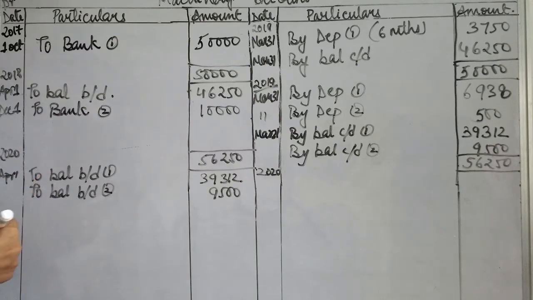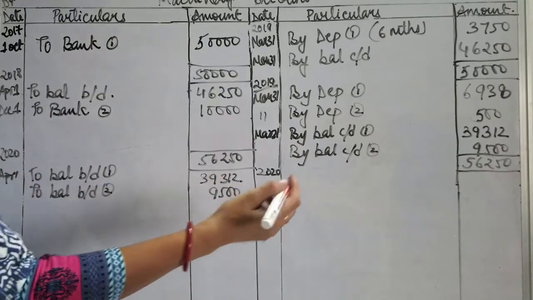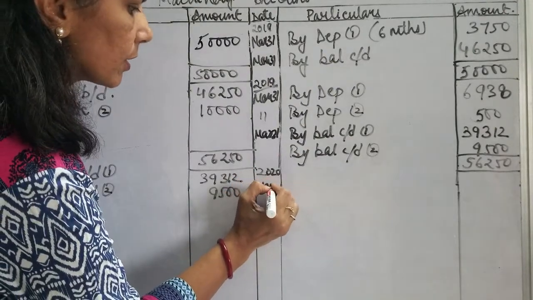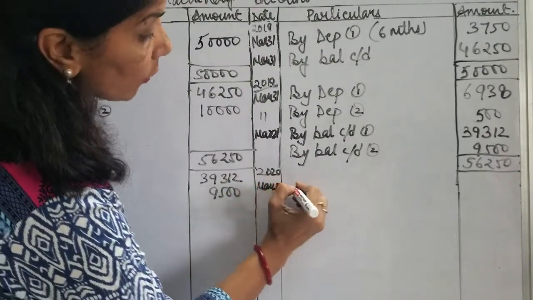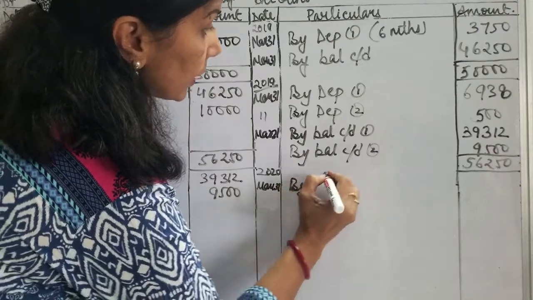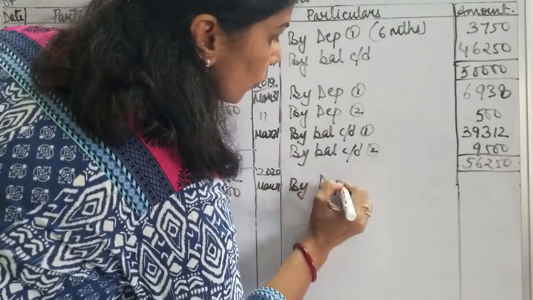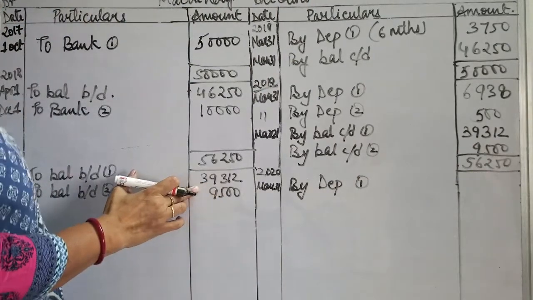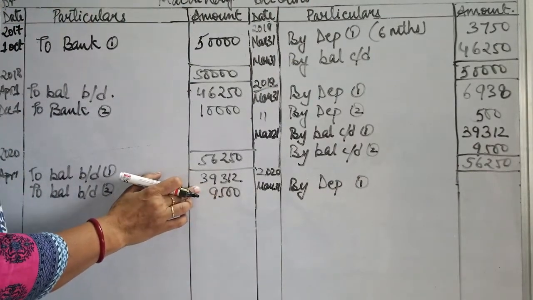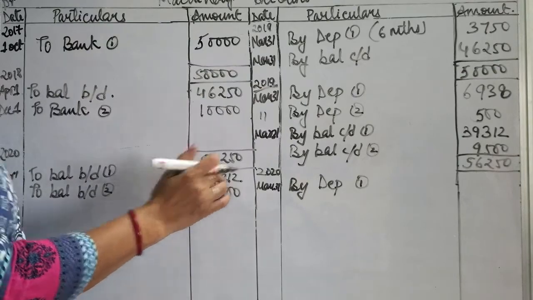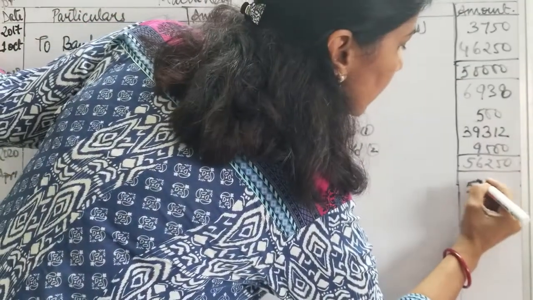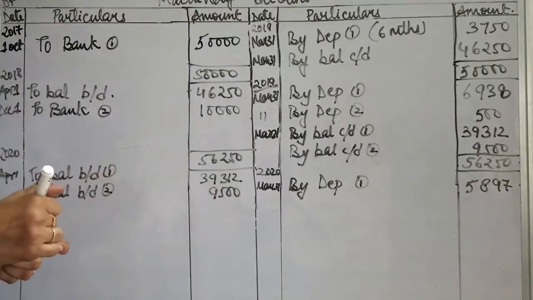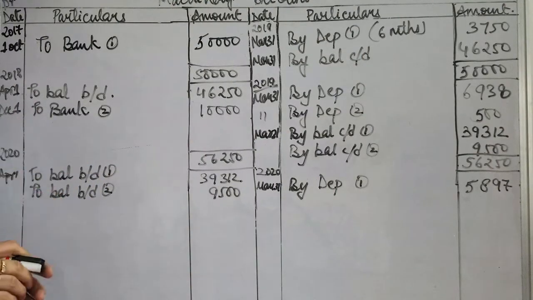So now first of all, let's just provide depreciation, because full year's depreciation will be provided on this machinery this year also, because the date of sale of machinery is 31st March. So full year's depreciation will be provided. So 39,312's 15% comes to 5,897.